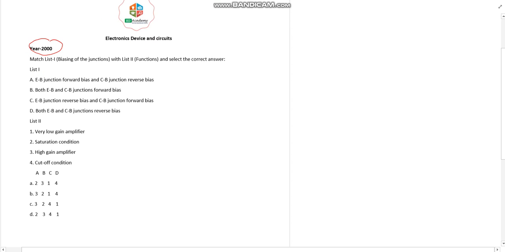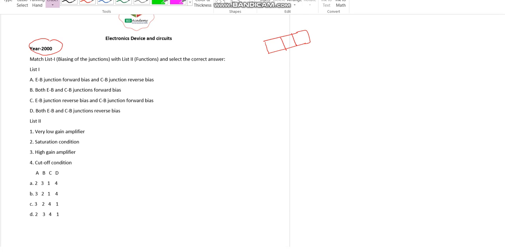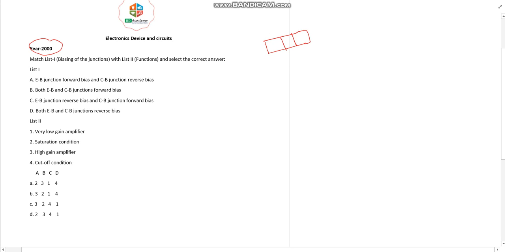Before choosing the option, let's discuss junction biasing. For a BJT there are two junctions. Suppose this is a PNP transistor. This is the emitter, this is the base, and this is the collector.